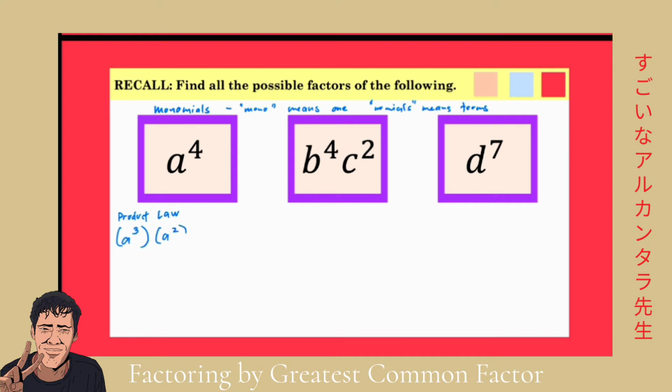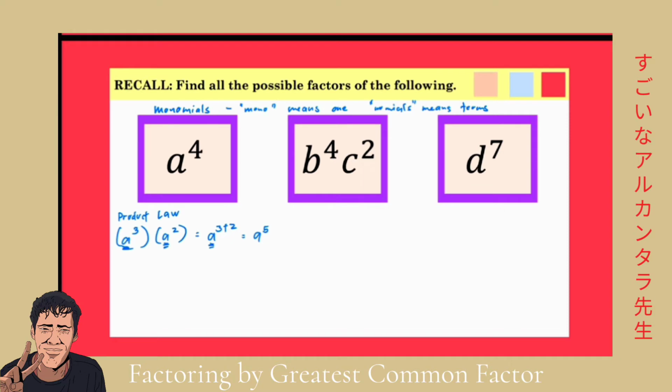So in order for you to get the product, when you multiply these two right here, you simply add the exponents. This only works if your base is the same. So copy the base, add the exponents, you'll get a raised to 5. The reason why we're recalling the product law here is so that you'll be able to figure out different factors for a raised to 4.